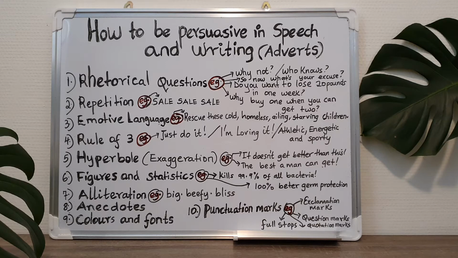Remember, when you're writing a persuasive text, or when you're writing a speech through which you aim to be persuasive, you're trying to convince your audience to do what you want them to do.